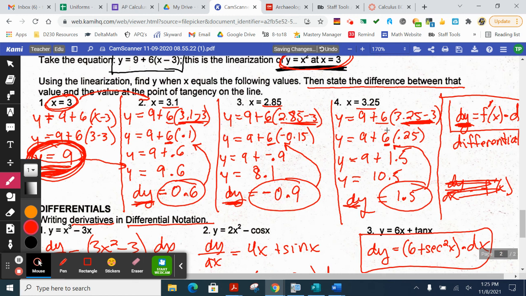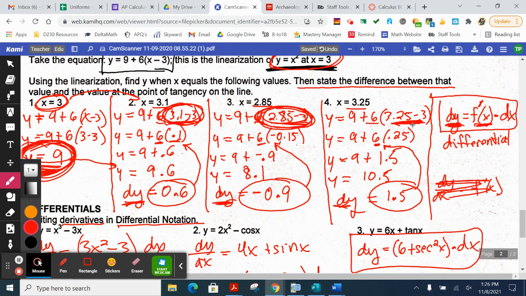So that's why we then have the derivative value. And then we multiplied that by, see how we got this 0.1 right here? The 0.1 was us subtracting our x values, the original x value and the new one. The negative 0.15, the original x value and our new one, we subtracted them. So every single time we took our derivative and multiplied it by the difference in our x's. All right, so this equation right here is what's called differential notation. All right, that is it.